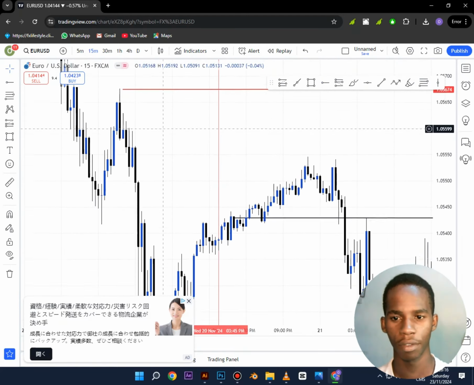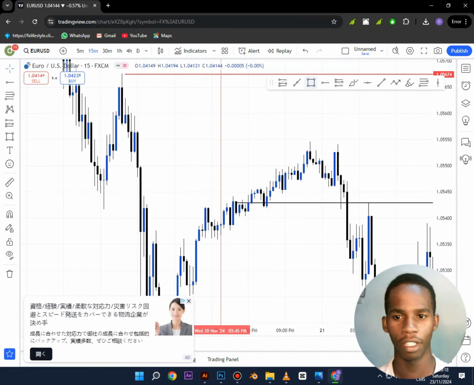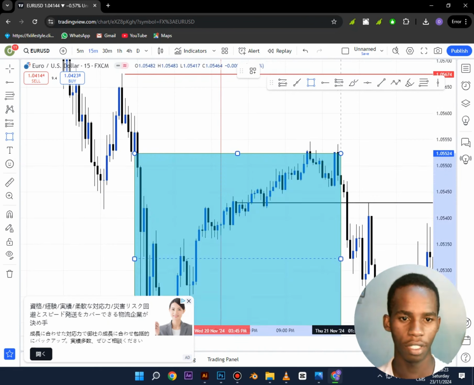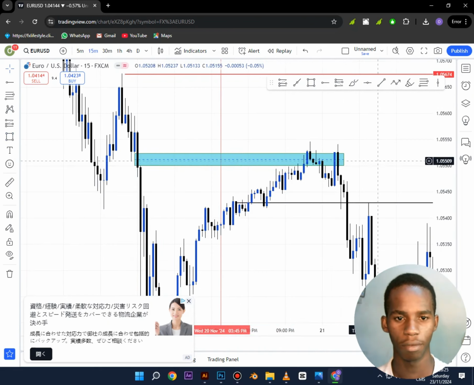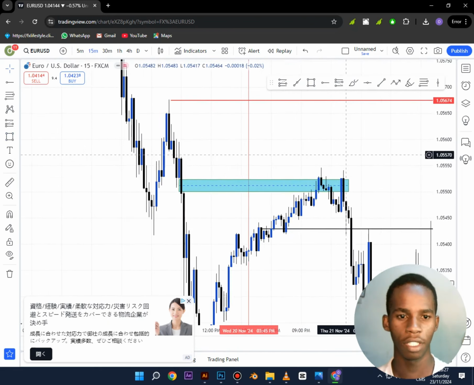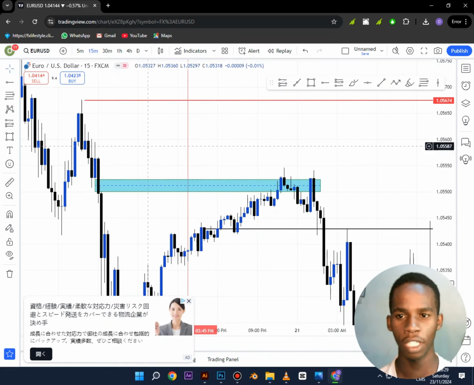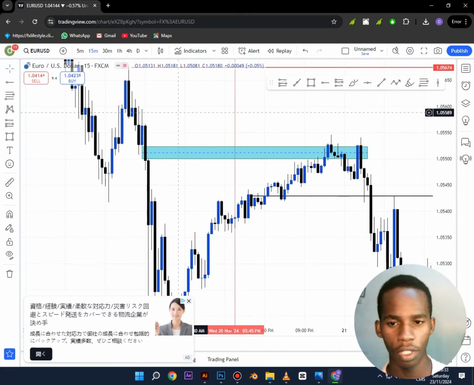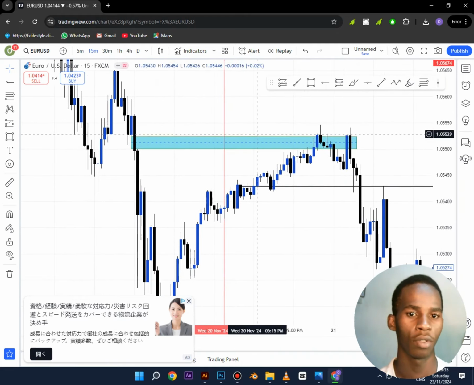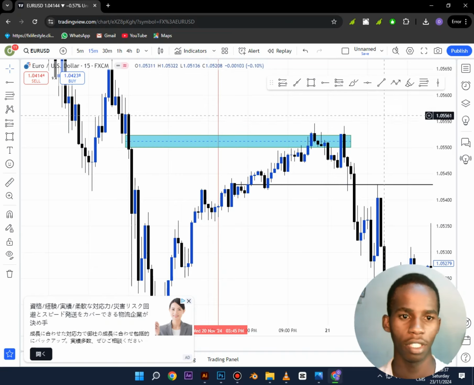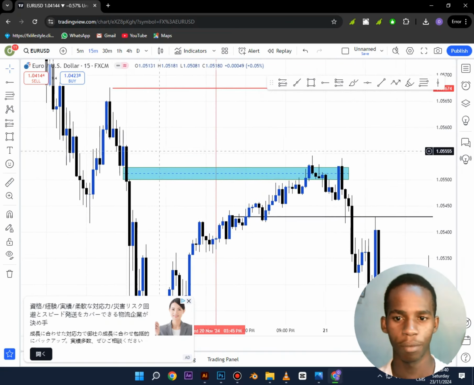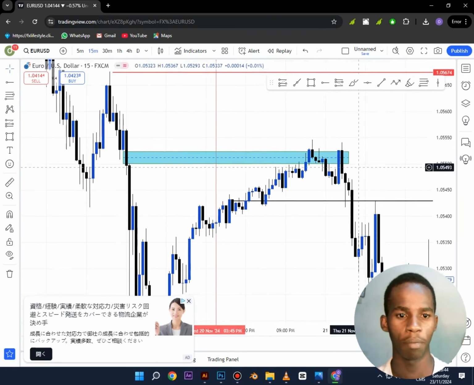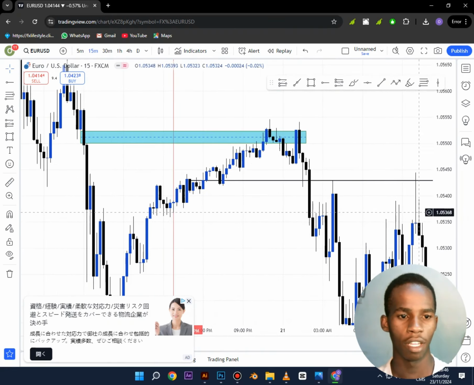We have liquidity there, and then there is this internal liquidity over here, which is a fair value gap. Normally price would take out external range liquidity, or go into the internal range liquidity, then deliver. For this one, we just took out the internal range liquidity and then price delivered.